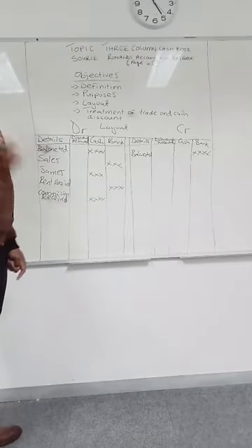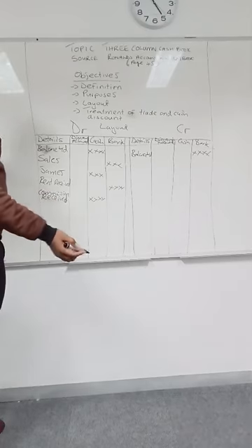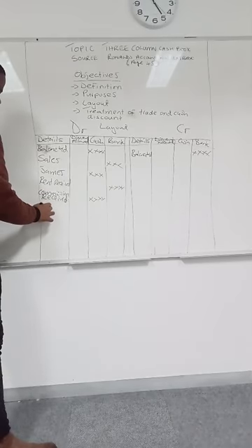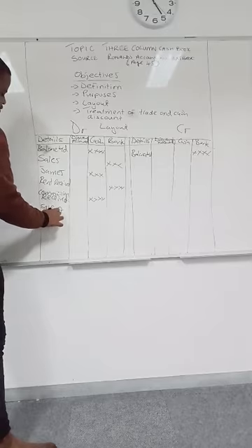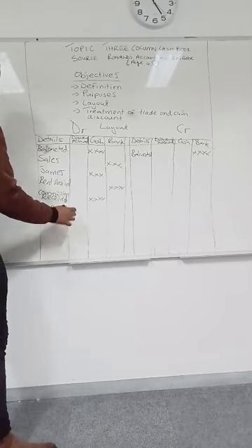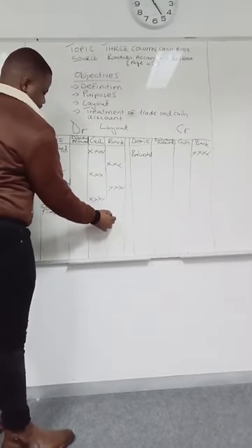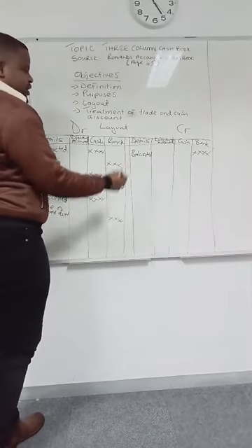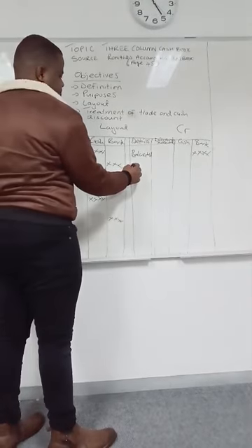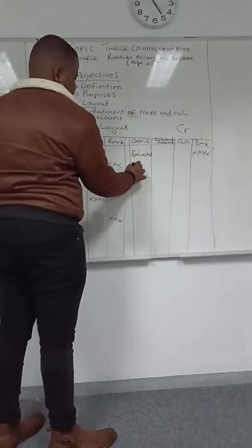Then also another receipt, maybe we disposed of some of our assets: sale of fixed asset. Then it's via bank. Then under payments, maybe we did some purchases.